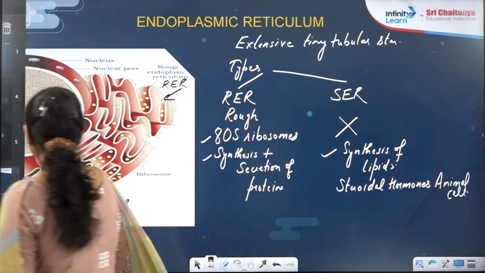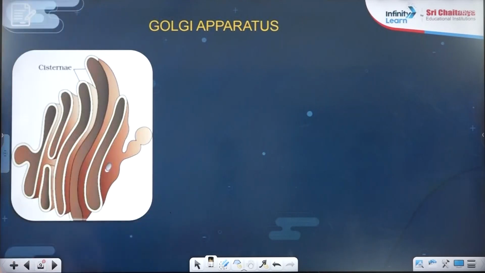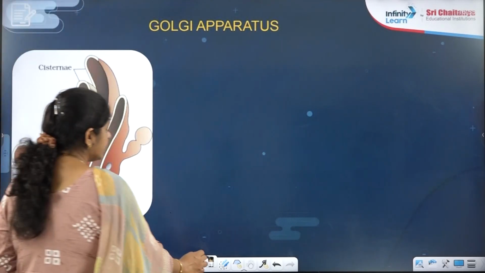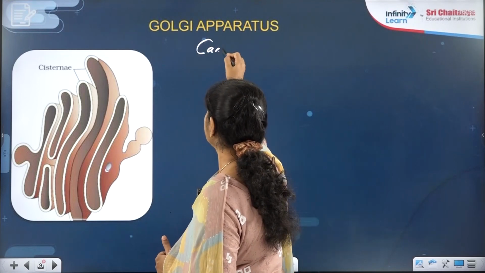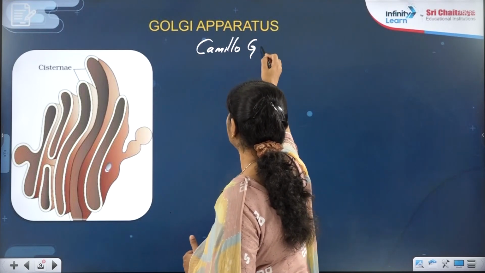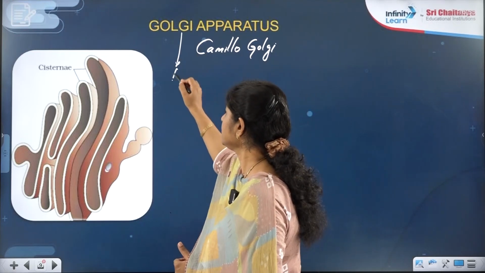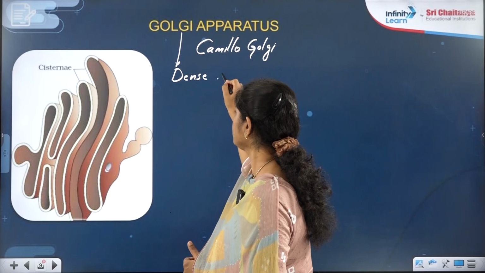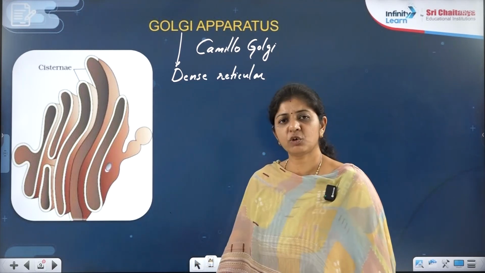Now let's check on the next organelle, that will be the Golgi apparatus. Do remember, Golgi apparatus was first discovered by Camillo Golgi. And this is which type of structure? This is a dense reticular structure which is present in the cytoplasm.